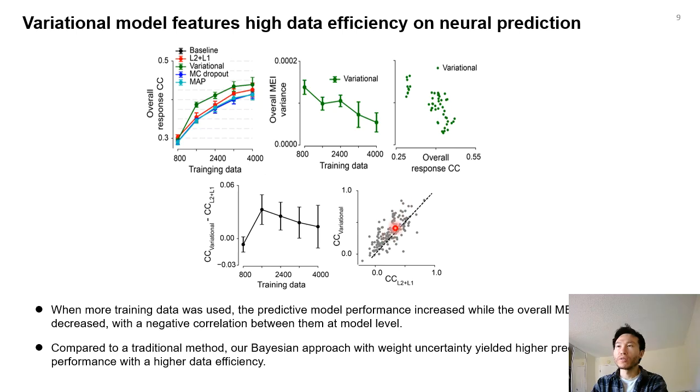Each dot represents one neuron. We can see that the variational model had larger values than the L2 plus L1 model for most of the neurons. Therefore, compared to a traditional method, a Bayesian approach with weight uncertainty yielded higher predictive performance with a higher data efficiency.